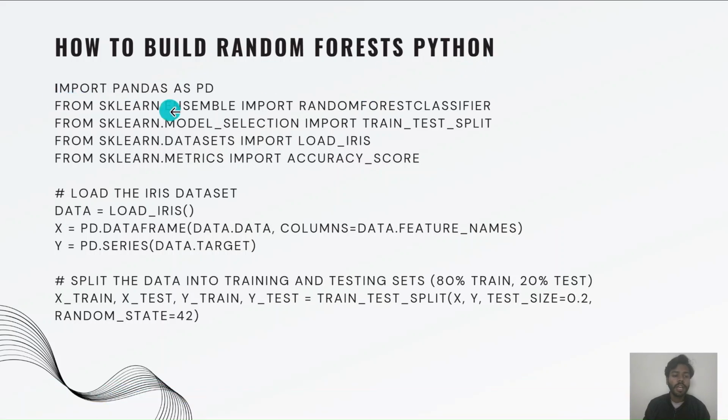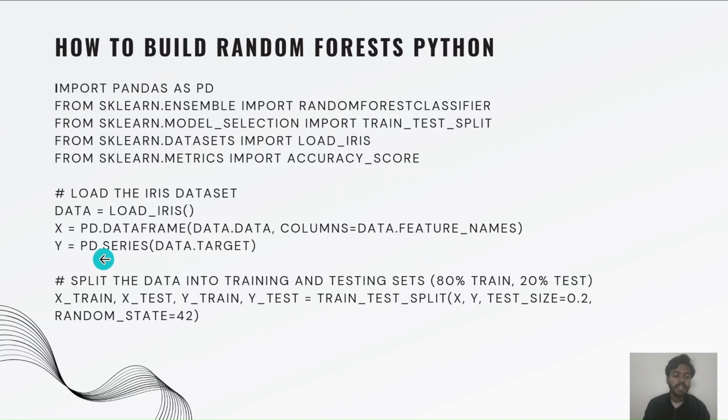So after that, we discuss how to build a random forest in Python. So here we import pandas as pd, from sklearn.ensemble import RandomForestClassifier, then from sklearn.model_selection import train_test_split, then from sklearn.datasets import load_iris, then from sklearn.metrics import accuracy_score. Now we load the iris dataset. How do we load? Data is assigned load_iris, then X is assigned as pd.DataFrame data, columns data.feature_names.